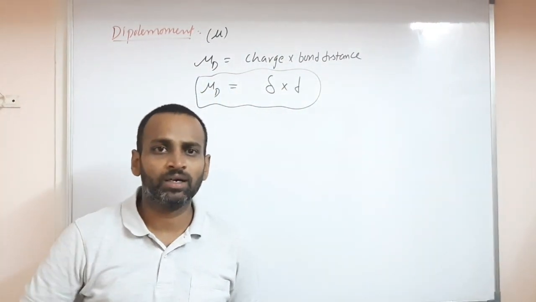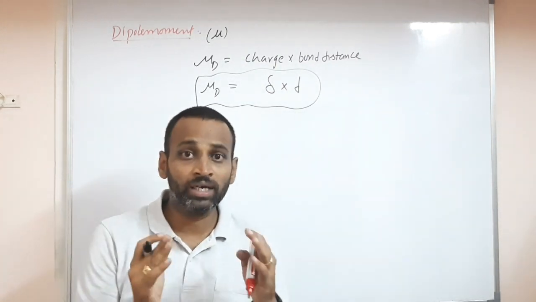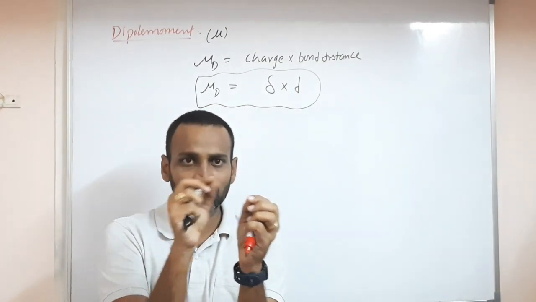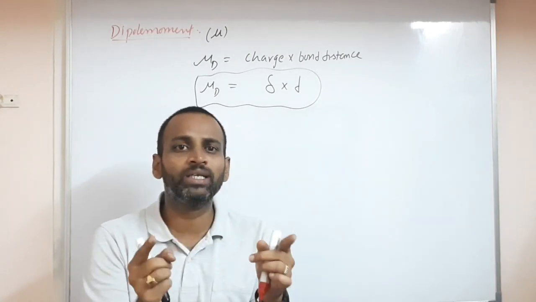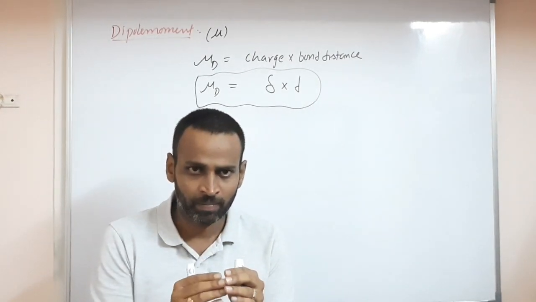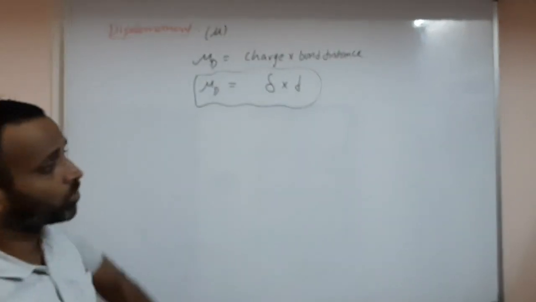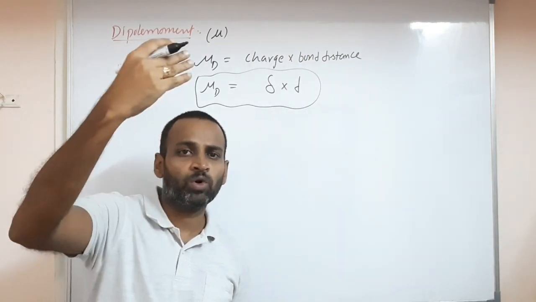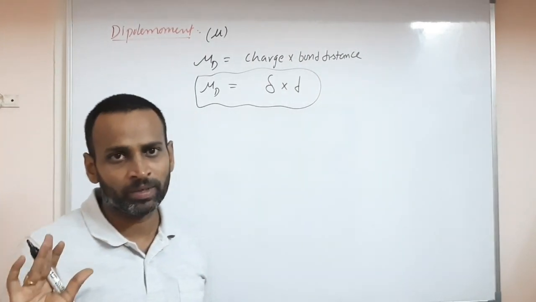Dipole moment is the measure of polarity, meaning how much charge separation there is between two atoms. So how unequally two atoms are sharing, we decide using this dipole moment. If the dipole moment is more, then the molecule is more polar. So it is the measure of polarity.